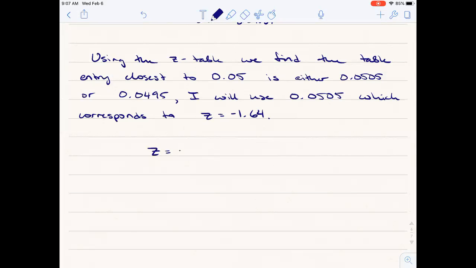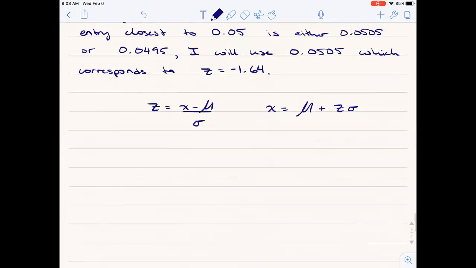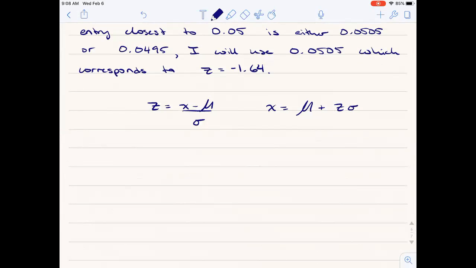So now Z is x minus mu over sigma, or if you prefer, x is mu plus Z sigma. That's fine too, but I like to use the original. Negative 1.64 is x, which we're trying to solve for, minus 3.8 over 1.34.